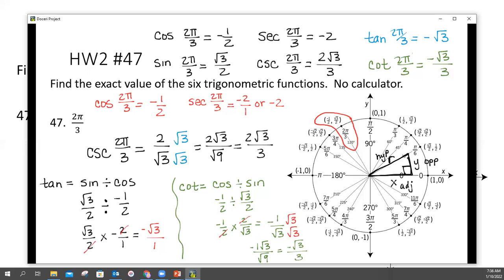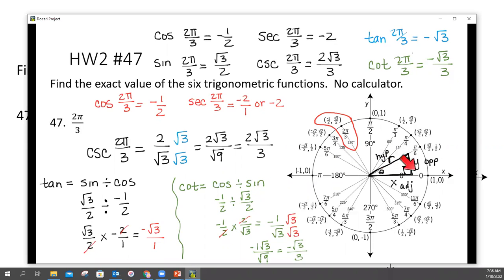So if you relate that to the unit circle, just know that r is your hypotenuse, y is opposite, and x is adjacent. Because I don't know if you see this right triangle right here.